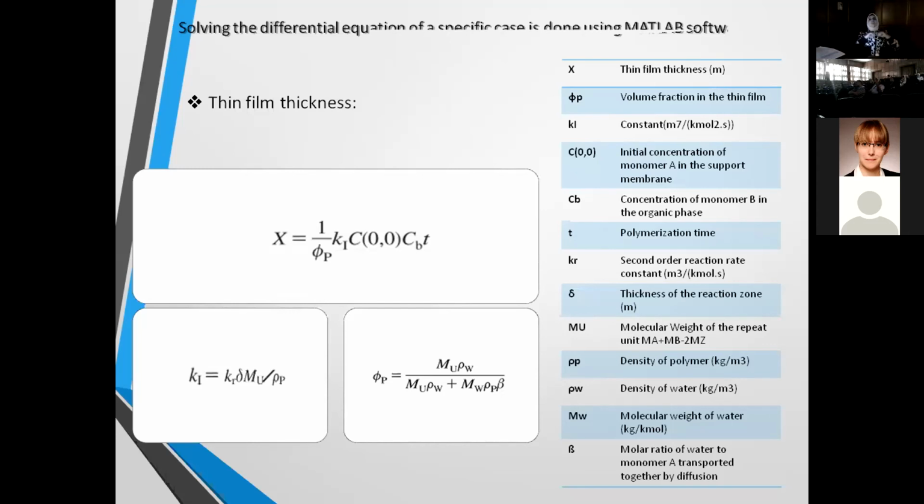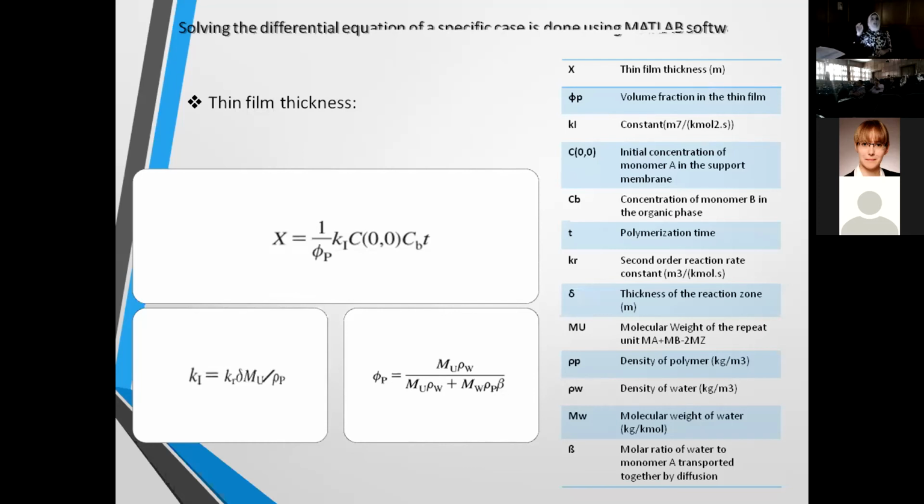Mu is the average molecular weight, rho W is the density of the water, rho P is the density of the polymer, and beta is the molar ratio of the water to monomer A transported together by diffusion.